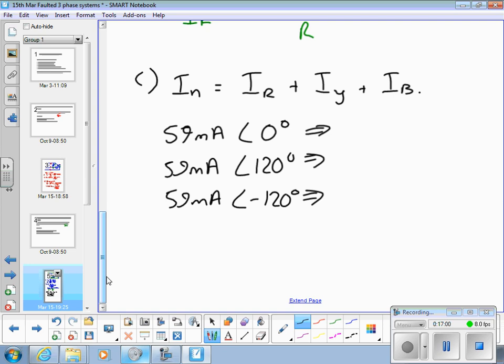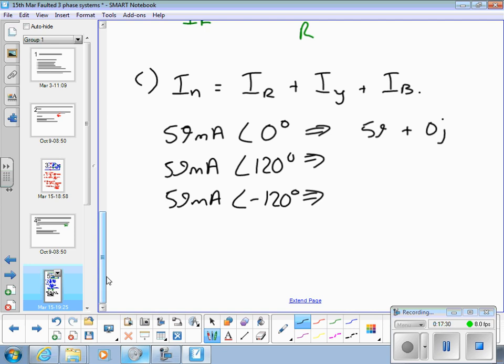So the effect of that one must be 59 plus 0J, mustn't it? The other two are minus 29.5, and so on, in milliamps.